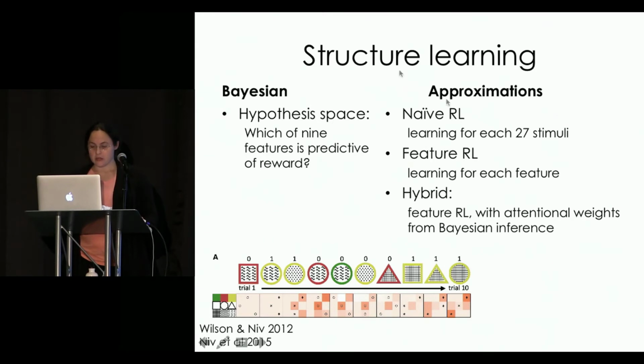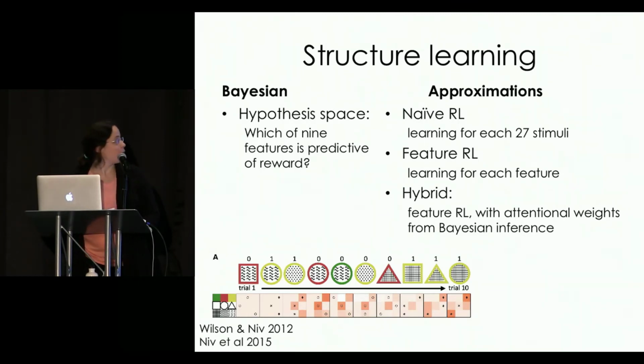Another approximation would be to take this same model as before, the feature reinforcement learning, but weight the role of the different dimensions with attentional weights that are tracked with Bayesian inference from this model. Okay, so saying, well, over time I learned that color matters in this case, and so I'm going to use those weights that I learned here, but weighing only color more than shape or texture.